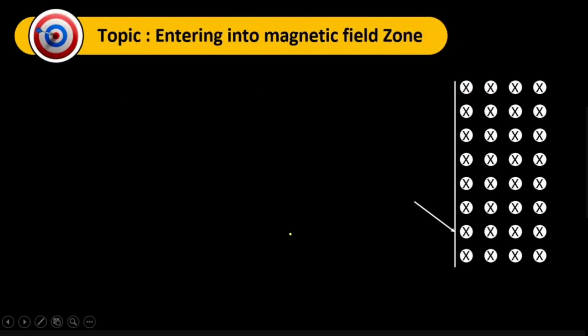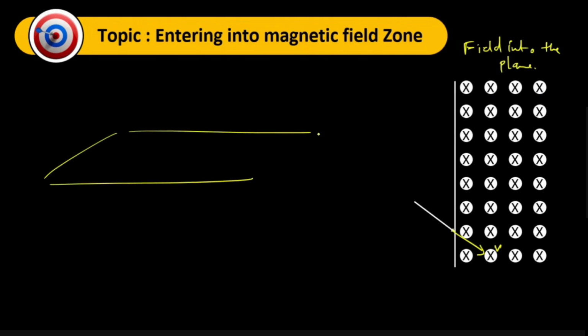Here we have to understand that if the charged particle enters the magnetic field in a different way, how the path of the charged particle is going to look. If the particle enters the field this way, and this cross simply represents that the field is into the plane, just assume this is the plane and the field is going into the plane like this.